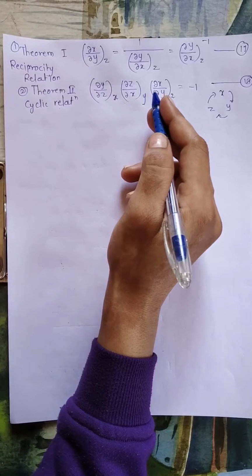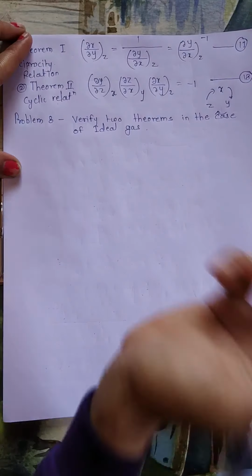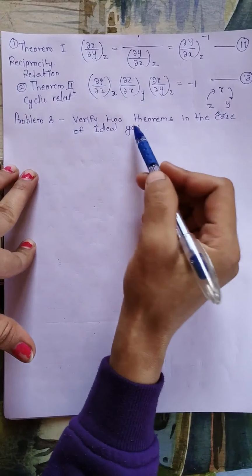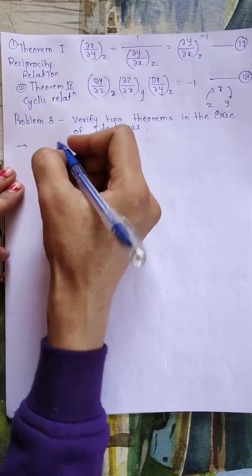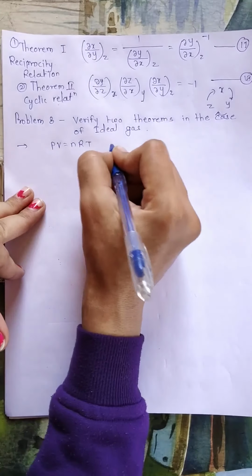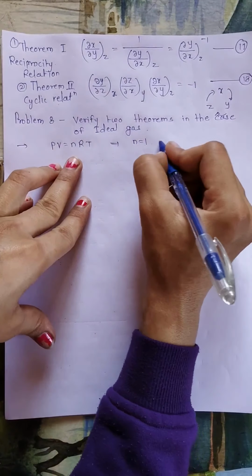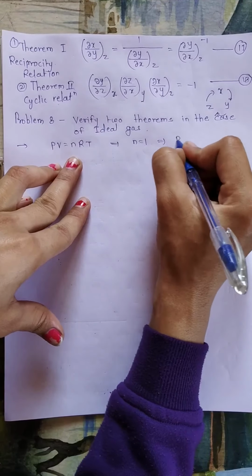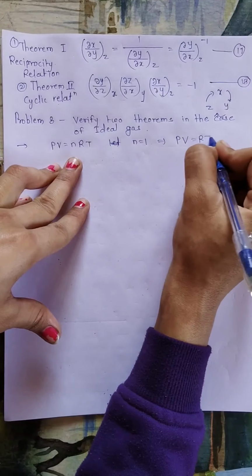So here there is one problem based on it. The problem is, verify these two theorems in the case of an ideal gas. Now we know the ideal gas equation is PV = nRT. So let's take the number of moles of the gas as 1, so that we get PV = RT.